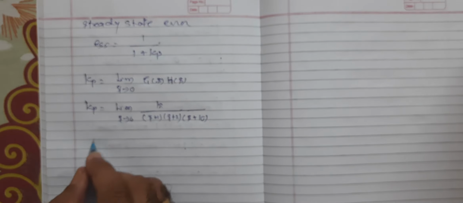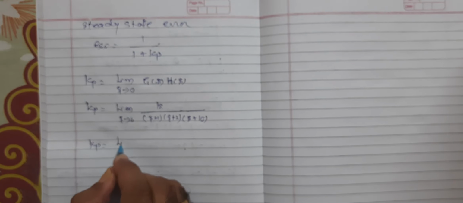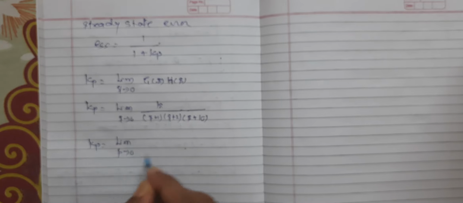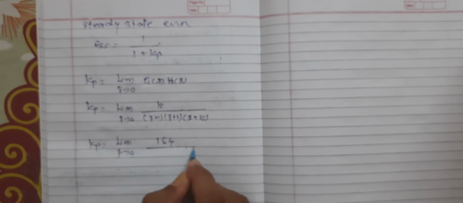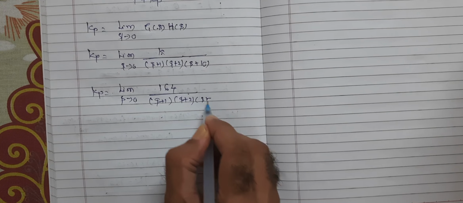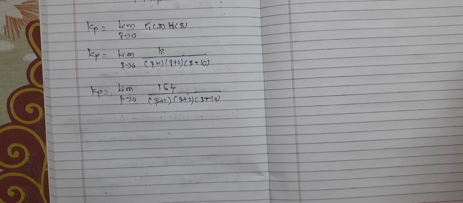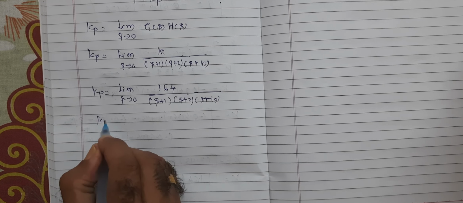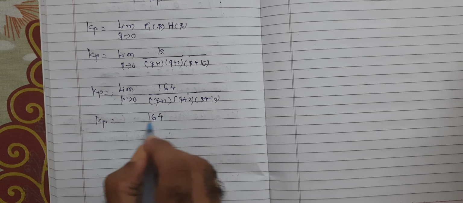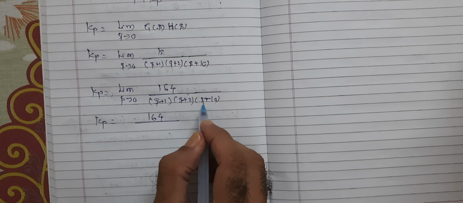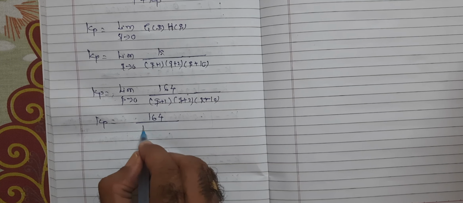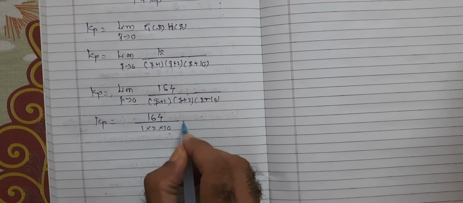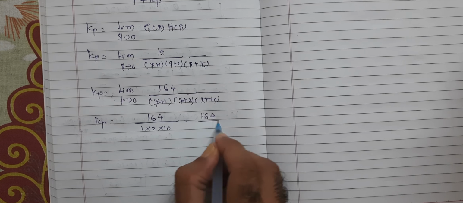So now we put the value: Kp is equal to limit s tends to 0 of 164 divided by s plus 1, s plus 2 and s plus 10. Now put the limit s tends to 0. So Kp becomes 164 divided by 0 plus 1 is 1, into 2 into 10. So this is 164 divided by 20.